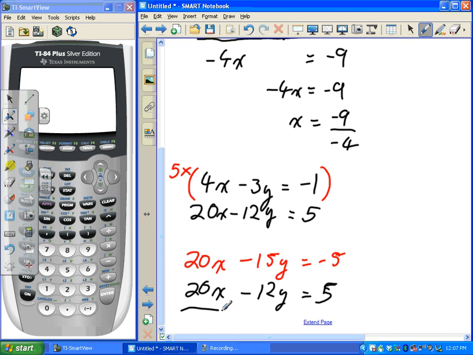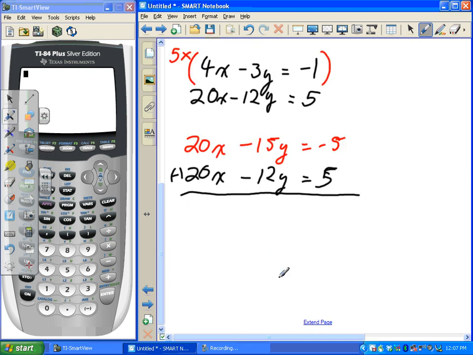And in order to eliminate the 20s, I need to subtract them. So 20 subtract 20 is 0. Negative 15 subtract negative 12. Anyone know? Close. Negative 3y. Write that up here. Negative 15 subtract negative 12 ends up being negative 15 plus 12, negative 3.